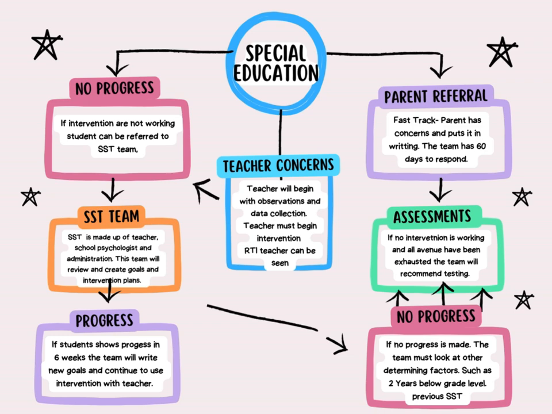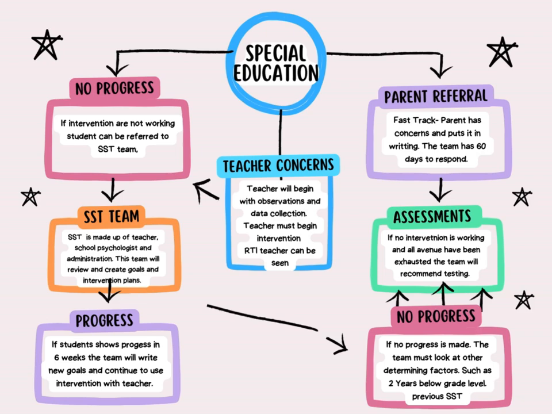If the student shows progress within those 6 weeks, they will most likely write new goals for that student so that they can continue to work in those small groups and interventions in the classroom. The team did mention that any progress, even if it's very slight, is progress, and they are going to take that as a win.